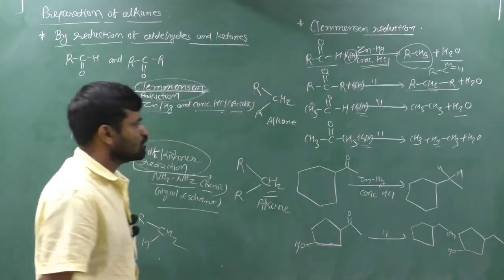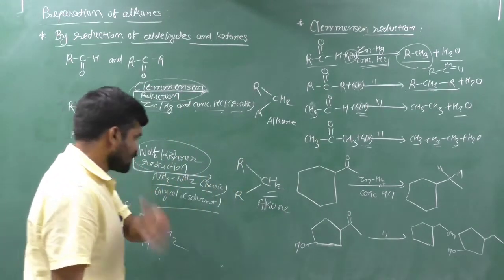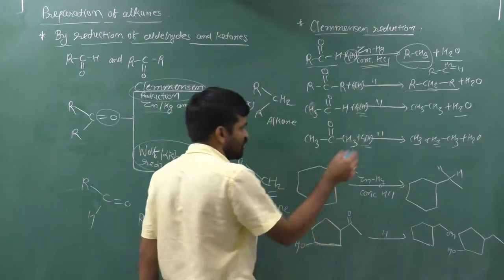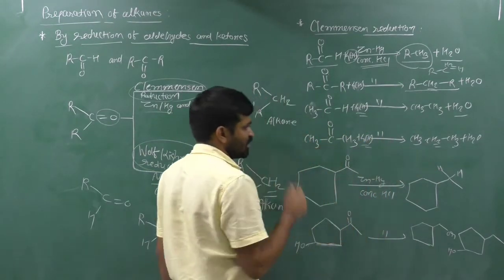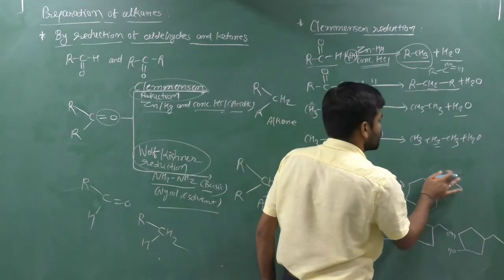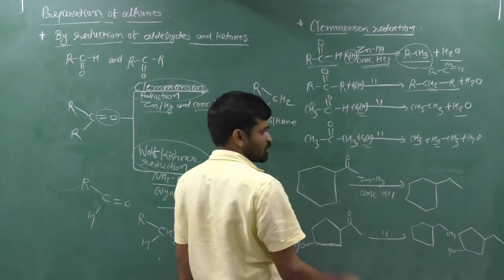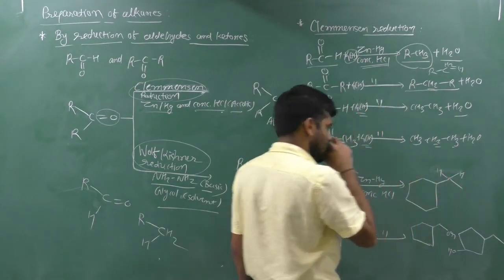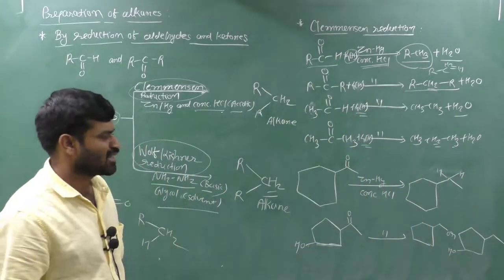Suppose we have a compound like cyclohexane ring with C double bond O and CH3, it is a ketone. We carry out the reduction and get this compound. It is reduced to alkane, H and H. Even if you don't write the H, it makes no difference.